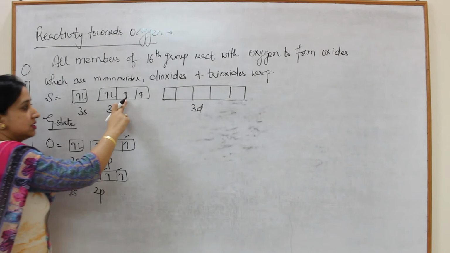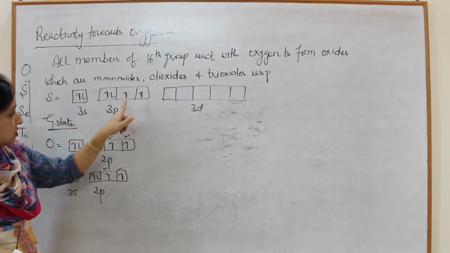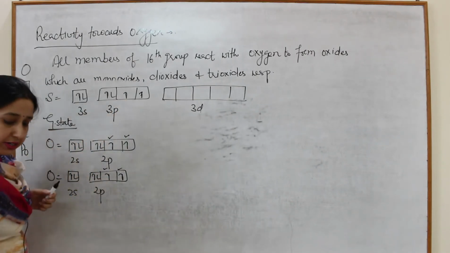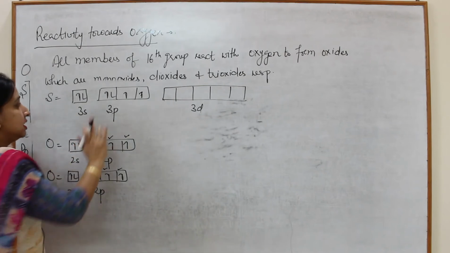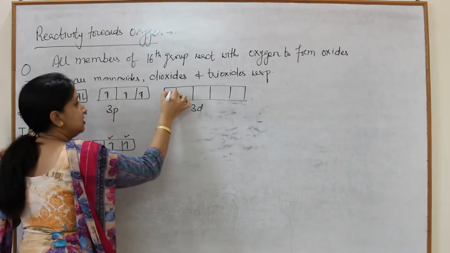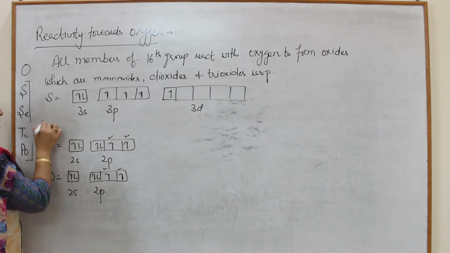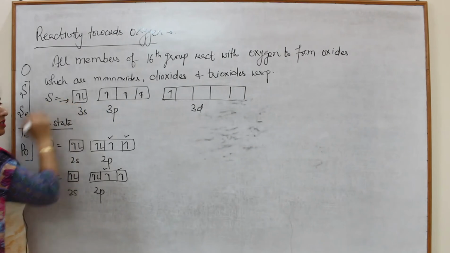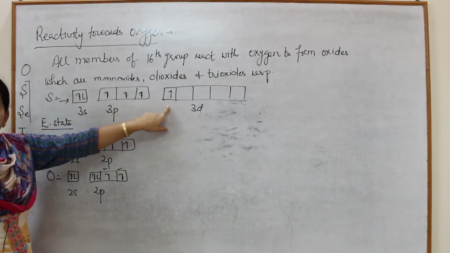But sulfur has 2 unpaired electrons. So for making the bond with oxygen, sulfur undergoes excitation. Excitation means one electron from 3p orbital will jump into 3d orbital. So in the excited state, sulfur will have this configuration. Now sulfur has 4 unpaired electrons.